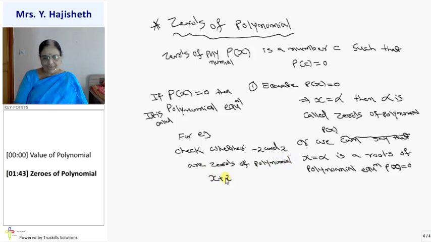I am asked to check whether 2 and -2 are the zeros of polynomial x plus 2 or not.